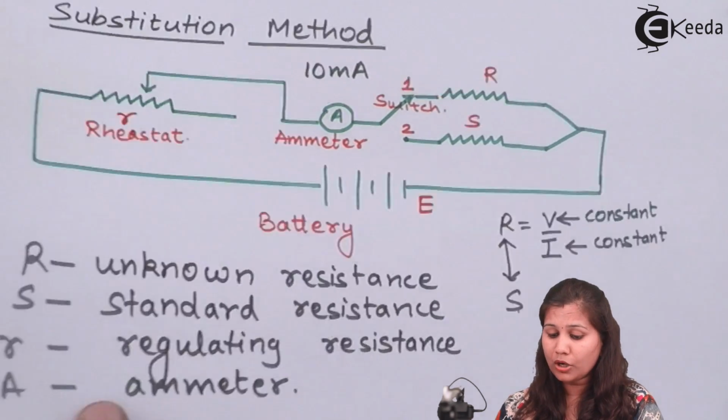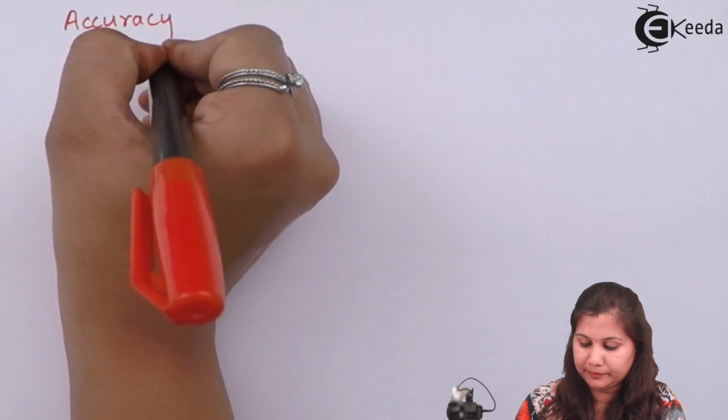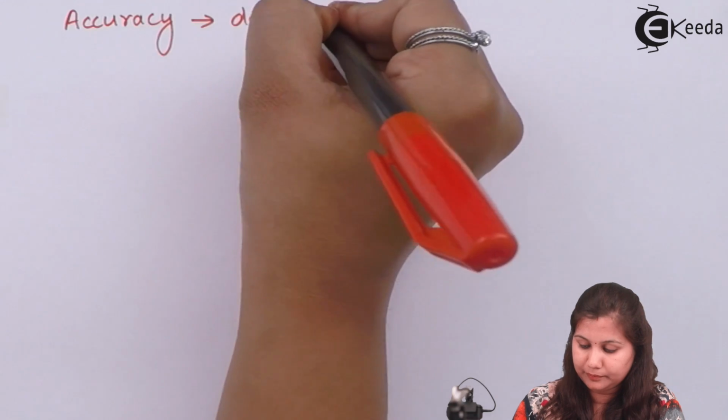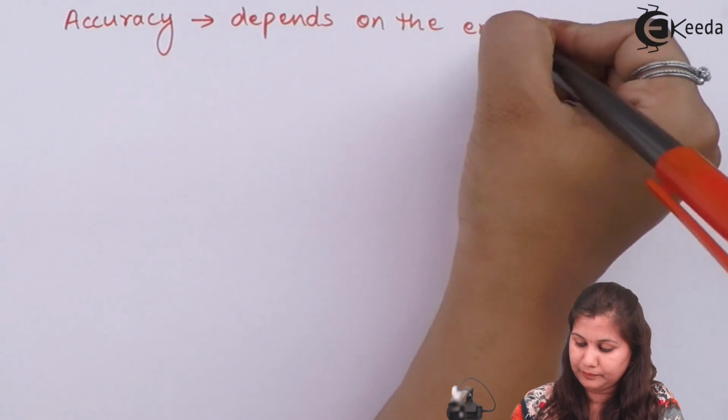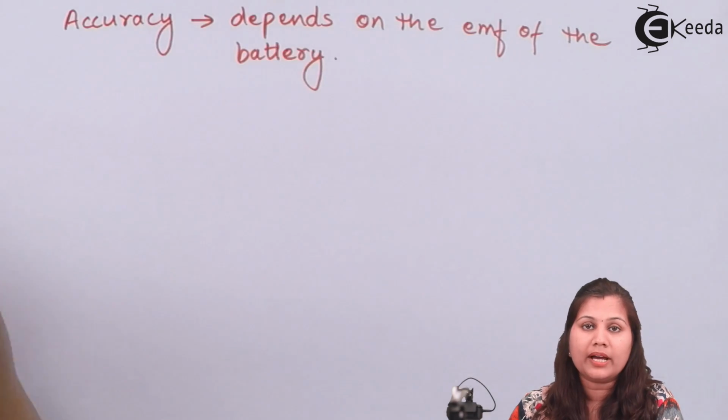Okay, so the accuracy of this method depends upon the EMF of the battery. Also, if there is any resistance in the circuit also, then its accuracy will be affected.